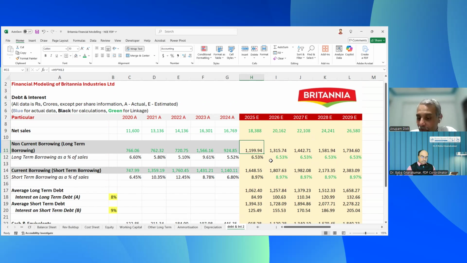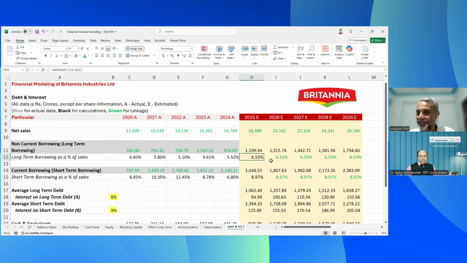In this model, what we are doing is calculating debt as a percentage of sales, right? The previous year's debt we have already got from the balance sheet. We have calculated long-term borrowing as a percentage of sales, and then taken an average of it. If 6.53 is the next year's long-term borrowing as a percentage of sales, the long-term borrowing would be the sales multiplied by this percentage, right?